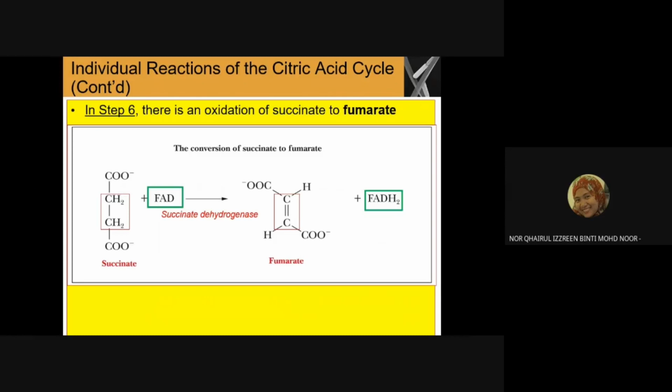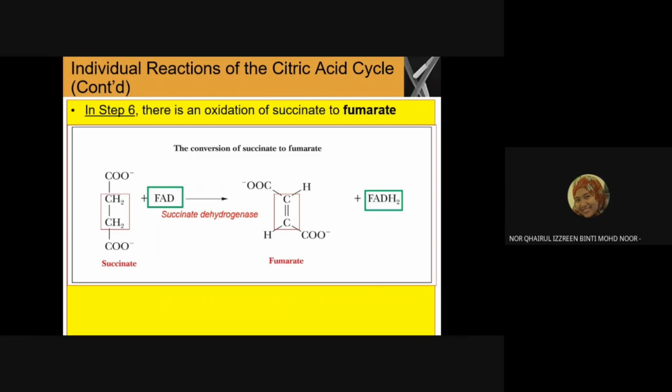The hydrogen ions are accepted by FAD, producing FADH2. This FADH2 is bound to the enzyme and can pass the electrons on to continue the electron transport chain later on after the TCA cycle.